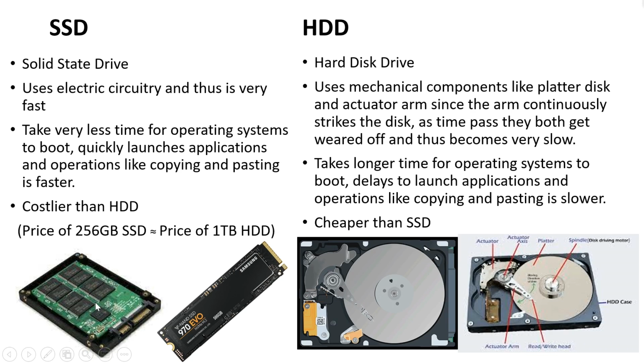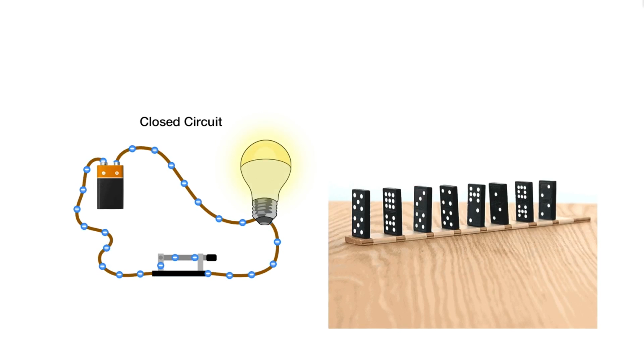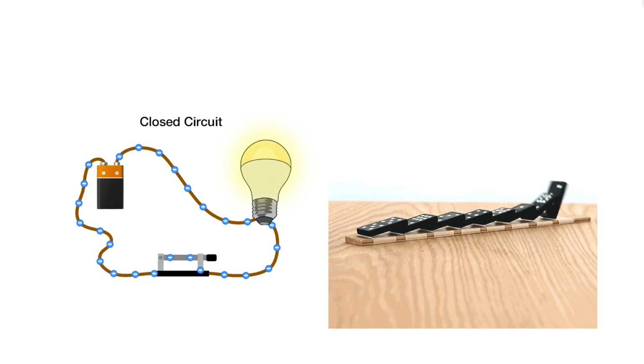I will show you another slide which will let you understand the difference between an SSD and an HDD more precisely. Now here you can see that there is a domino stack. When you push the domino at one end, it falls and it takes some time to fall. And here is one electric circuit, which when the switch is closed, the bulb glows.